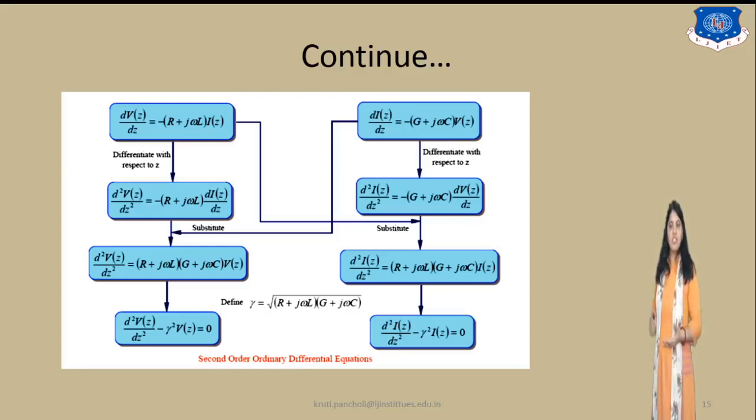Now from the equation you can see what gamma is. Gamma is the propagation constant, which consists of all the values of the primary constants, and it is the square root of (R plus j omega L)(G plus j omega C).